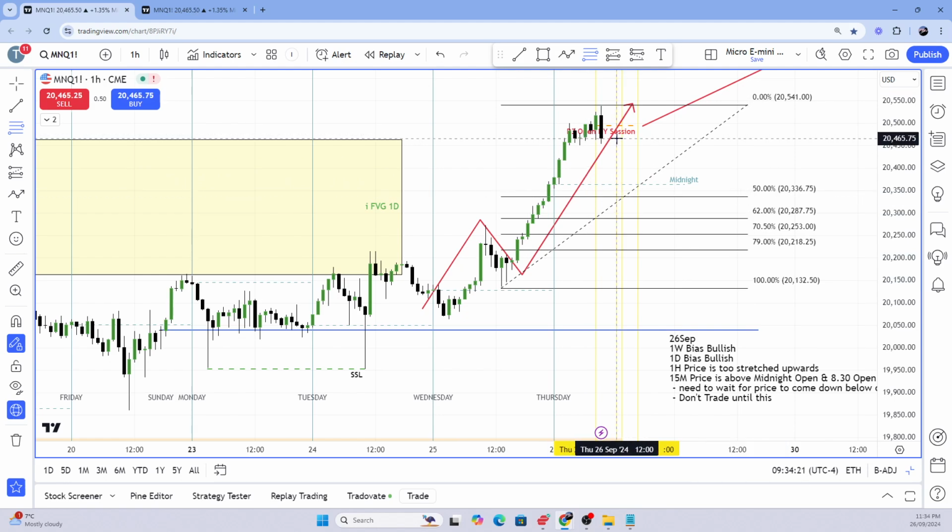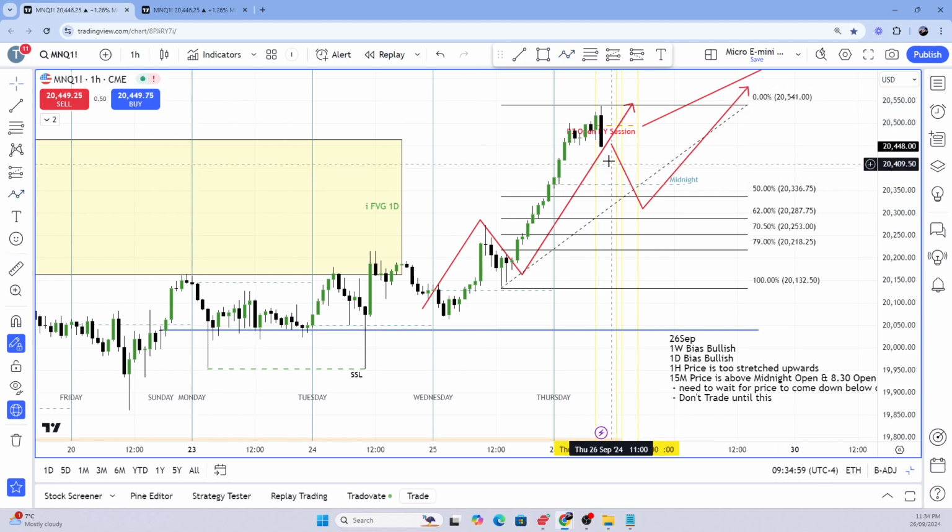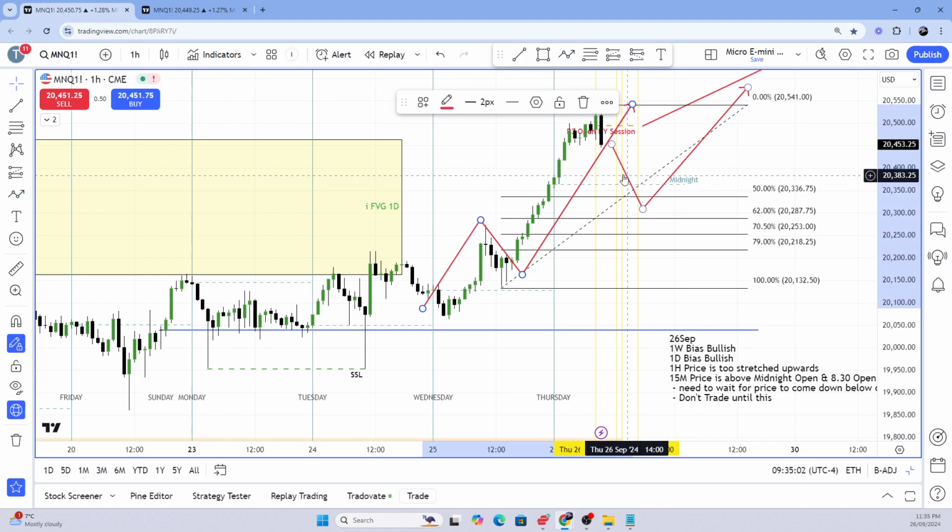We said the daily bias is bullish, so if we are to take a bullish entry, we should ideally wait until the price comes towards the discount, meaning below 50% of the fib, and then take a bullish entry targeting the buy side liquidity residing above. That's the ideal scenario on the hourly chart.